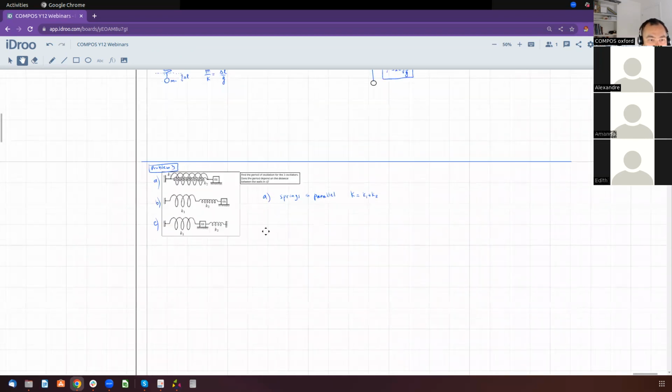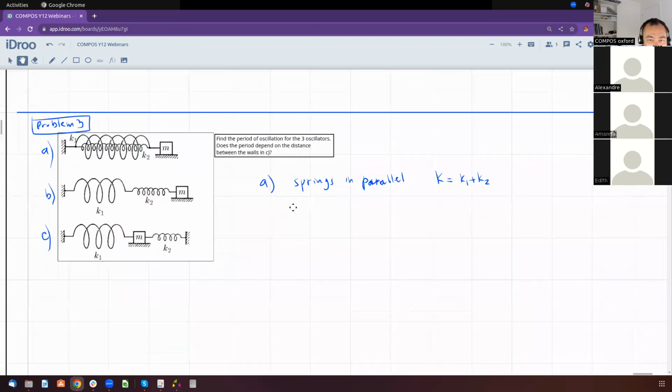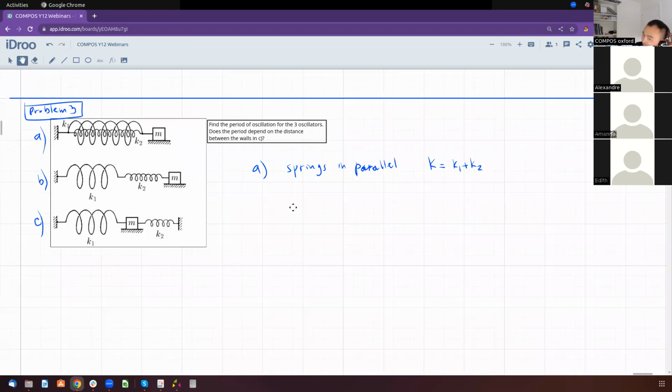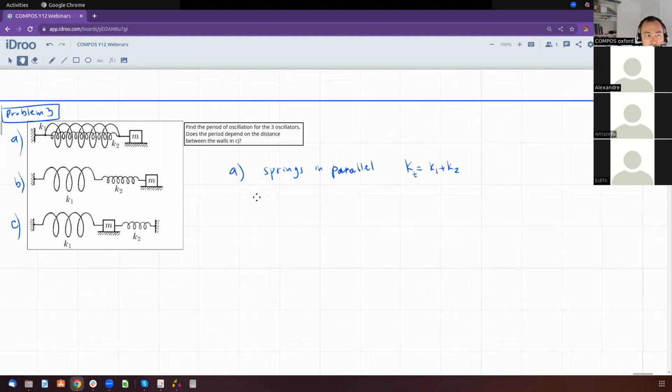I'm just wondering how much time I have, how deep I want to go into this problem. For springs in parallel, K total is K1 plus K2. Does that make sense? Well, yeah, because both springs are extended by the same length. They push proportional to x.